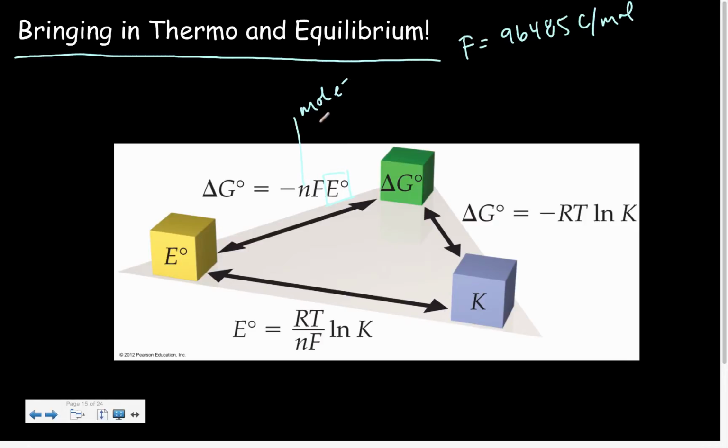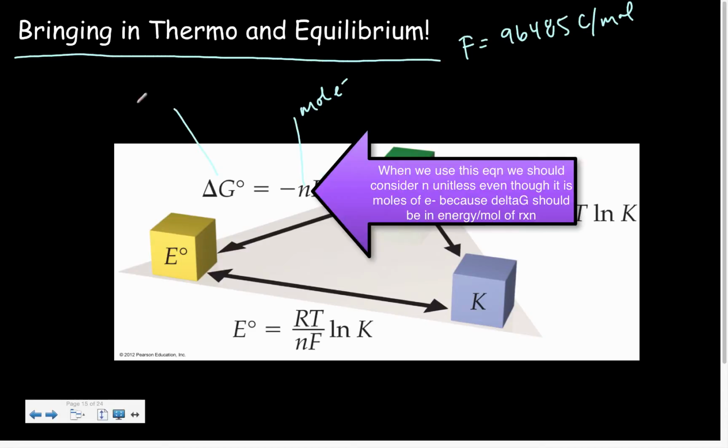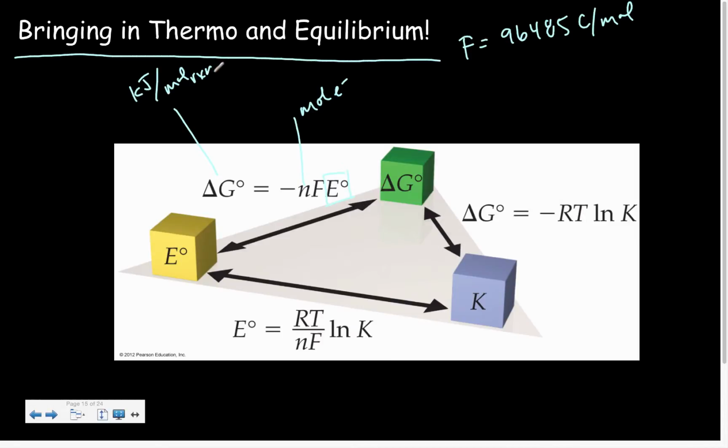It's just N, which refers to moles of electrons. The point being that we want delta G to end up as kilojoules per mole. And again, going back to chapter 5 and 19, we interpret it as moles of reaction. However the reaction is written, that's what it corresponds to.